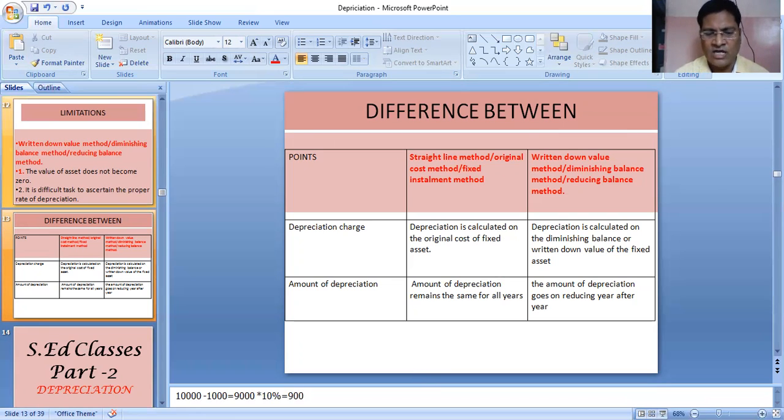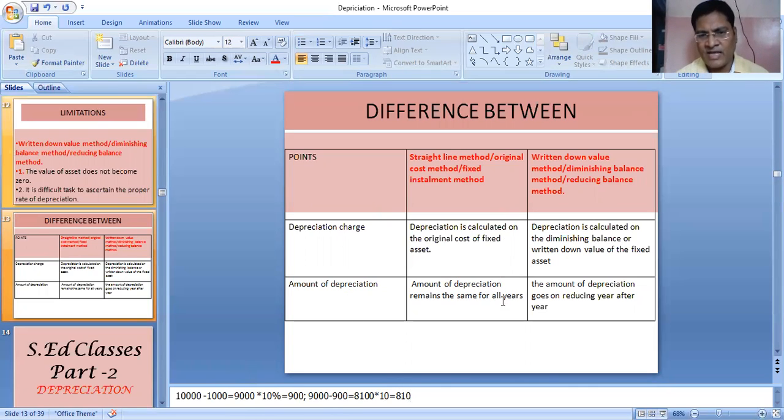Similarly, in the next year the value becomes 9,000 minus 900, that is 8,100. On this, 10% depreciation is 810. So it goes on diminishing: first year 1,000, second year 900, third year 810, like that.